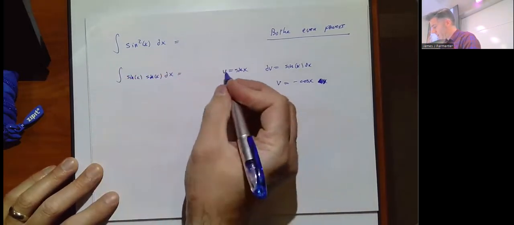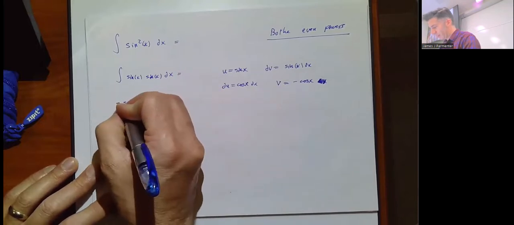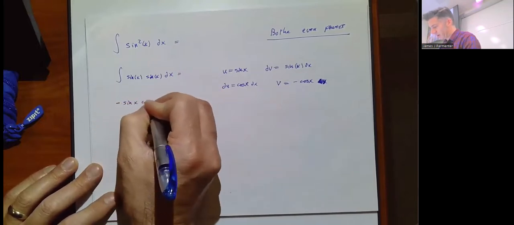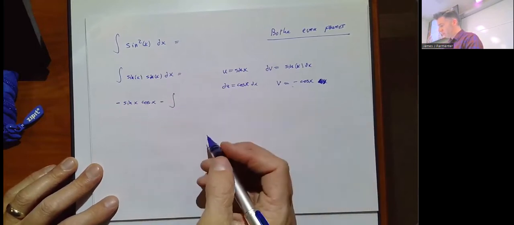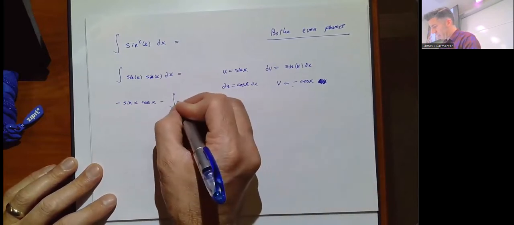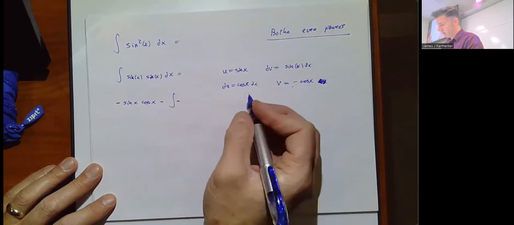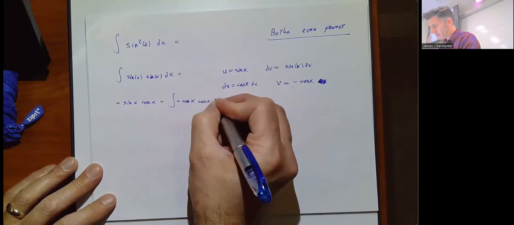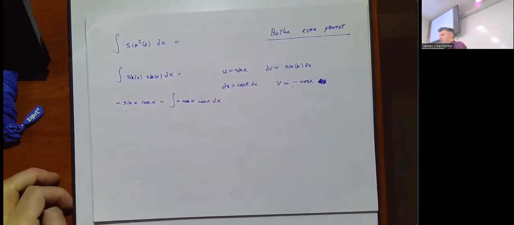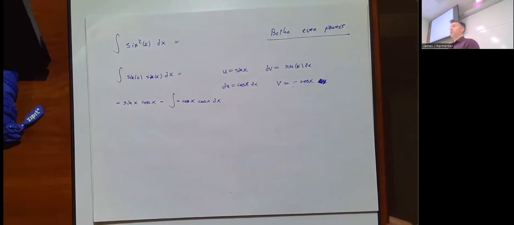But we're going to get u times v. So negative sine of x times cosine of x minus the integral of v du, which is negative cosine x times cosine x. So you could do one of two things at this point. You could either do it again, and you probably end up back with sine x again.